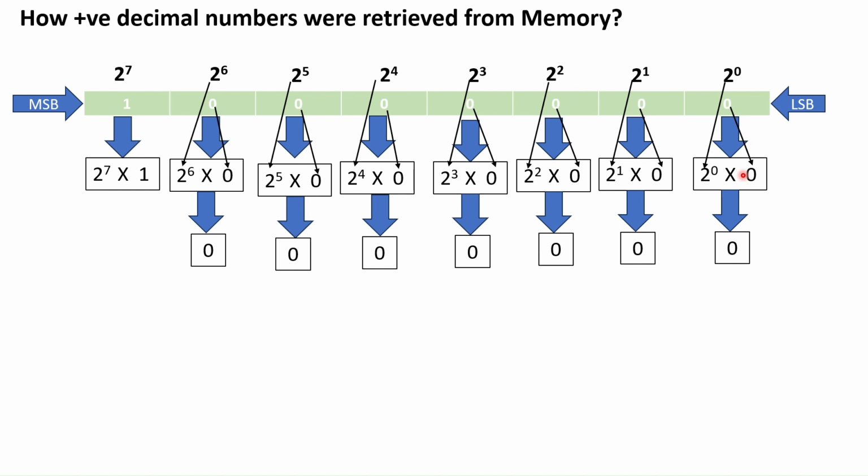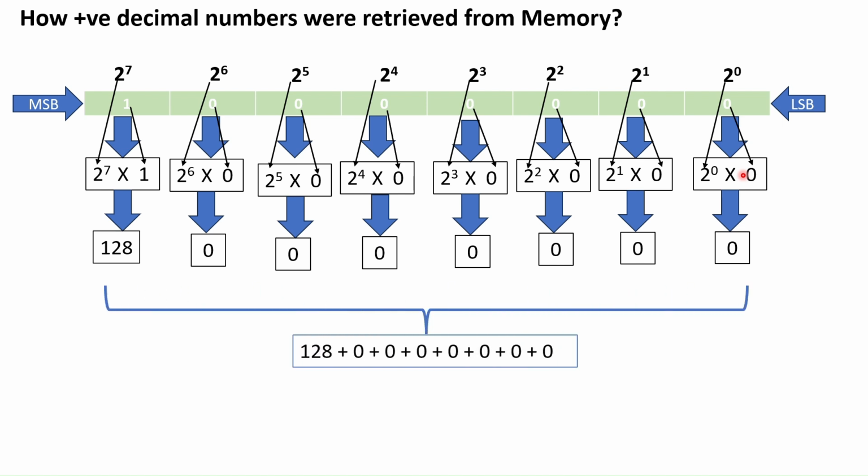So 2 power of 7 into 1. 2 power of 7 is 128, into 1 is 128. Now it will add all this, and then you will get the final result 128. So this is how a binary value stored in memory will be converted back to decimal.